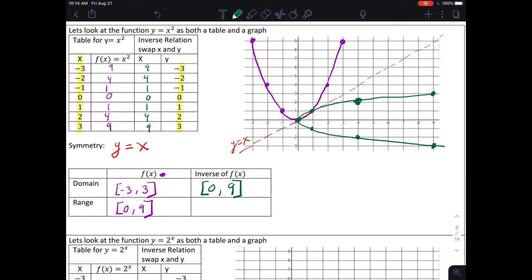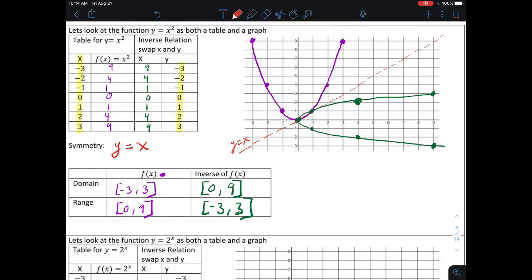And if I'm looking at that green graph, scanning from left to right for the domain, the farthest to the left that it goes is 0, and it goes all the way to 9 as far as we plot it. Now, the range, or the outputs of this function, just from the table that we have, goes from -3 to +3.